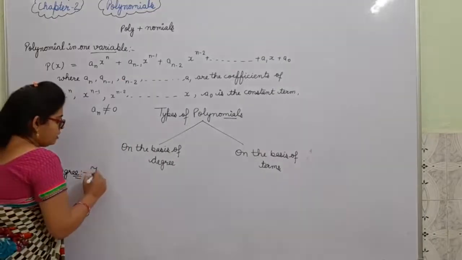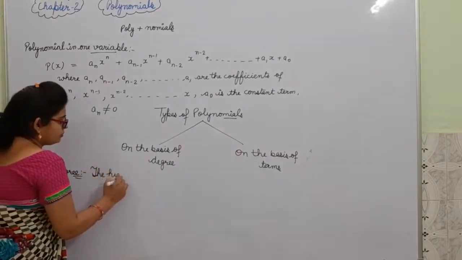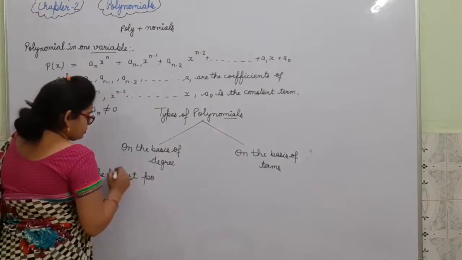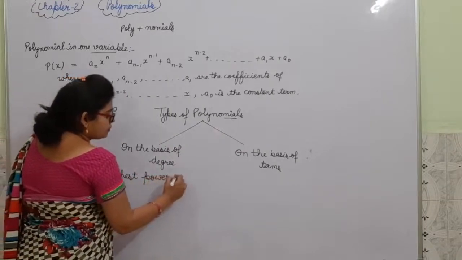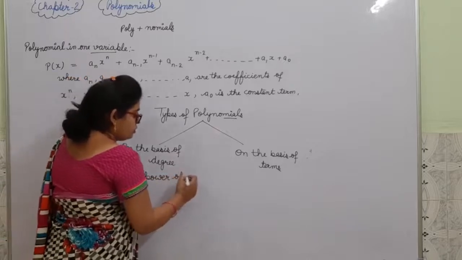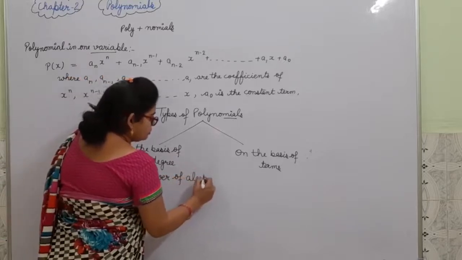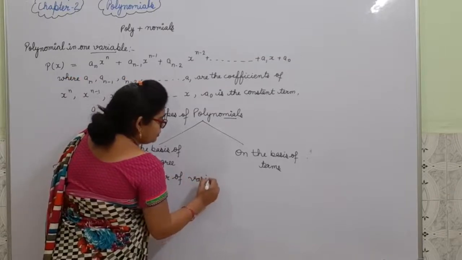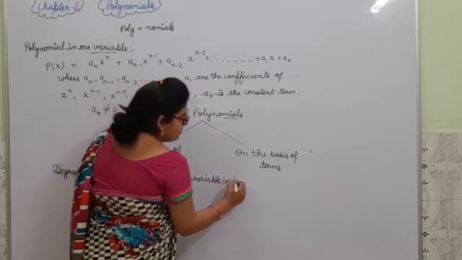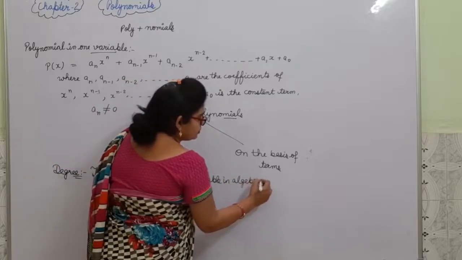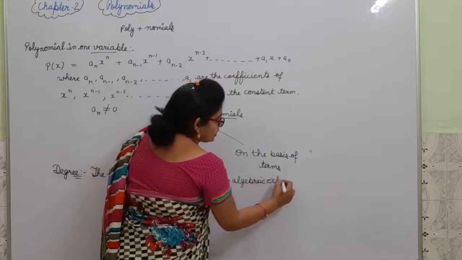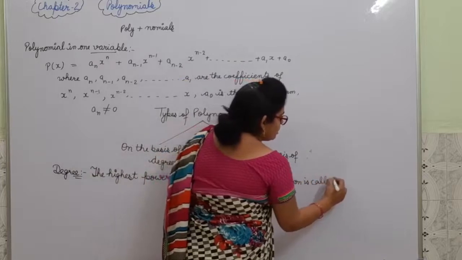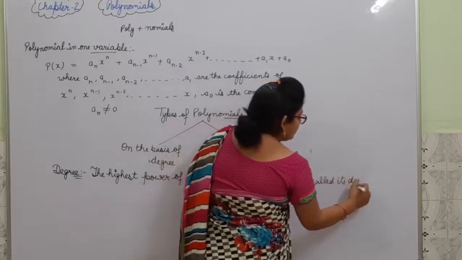The highest power of a variable in an algebraic expression is called its degree.